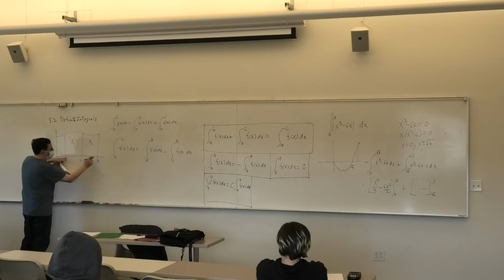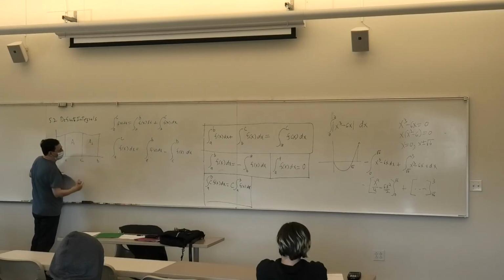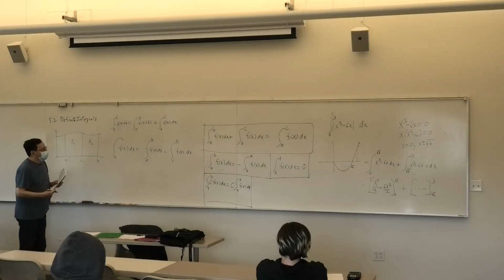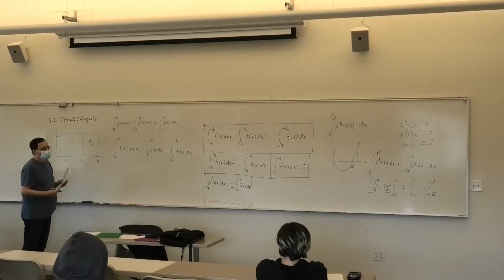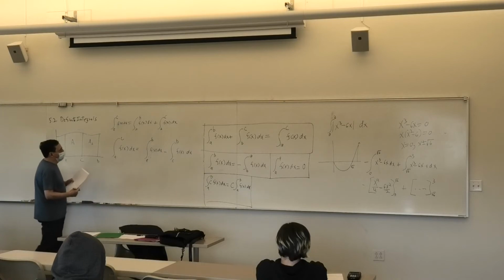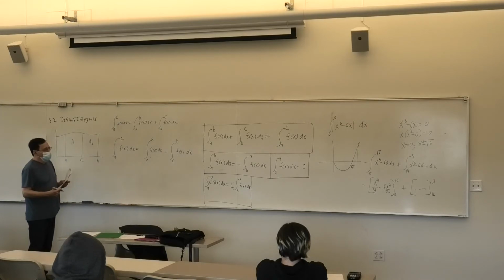In other words, from here to here is equal to from here to here minus c to b. Are we okay with that? Yes. That makes sense, sure. And the point is to find out the entire area.